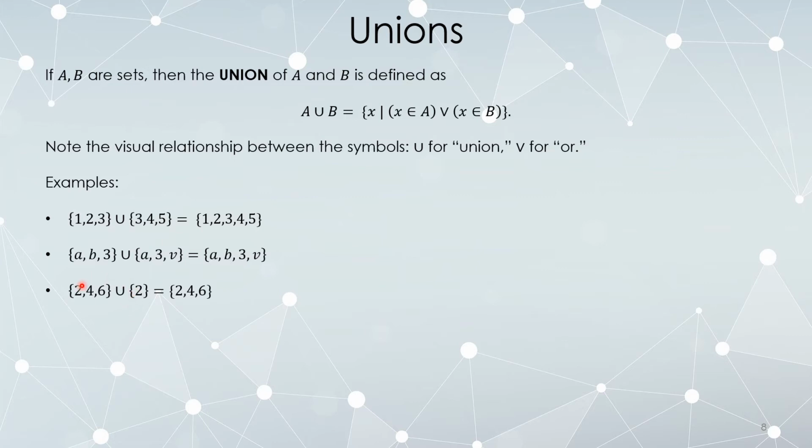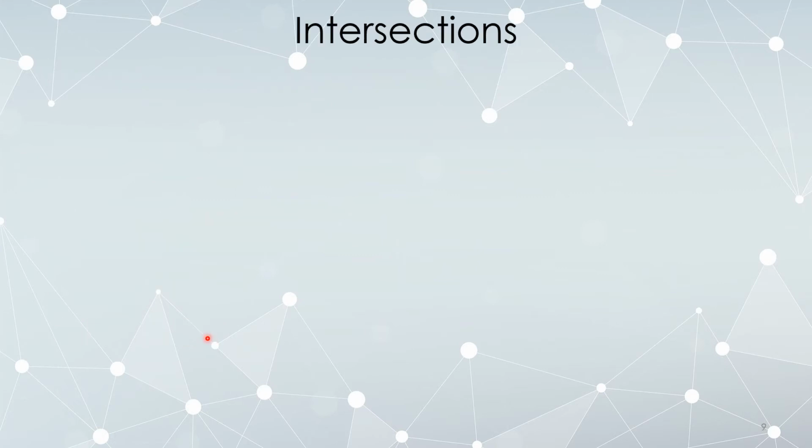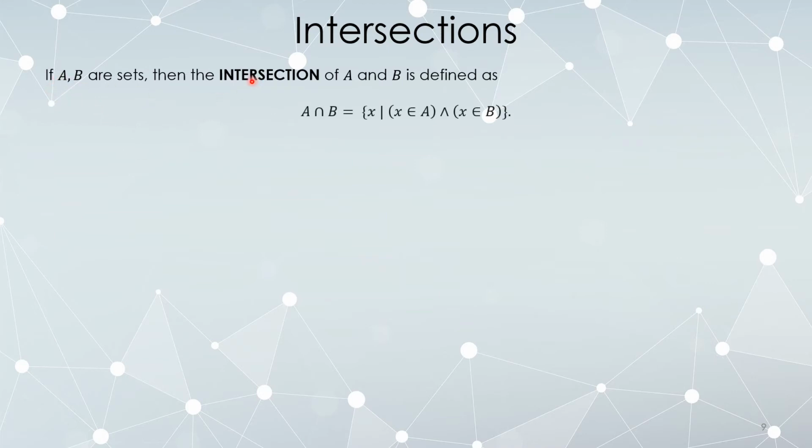It's already in the left set, but still, all we do to take a union is ask, what are the things that are in the left set? Also, what are the things that are in the right set? So here, they're completely what is called disjoint. They share no elements in common, so the union is formed by simply taking all of these, and there you go.